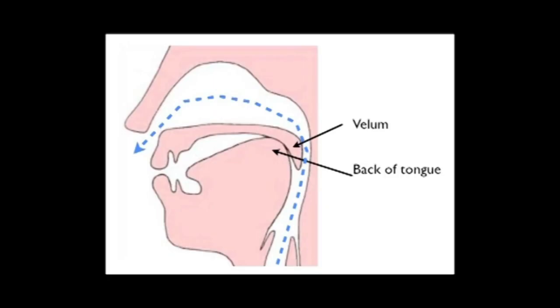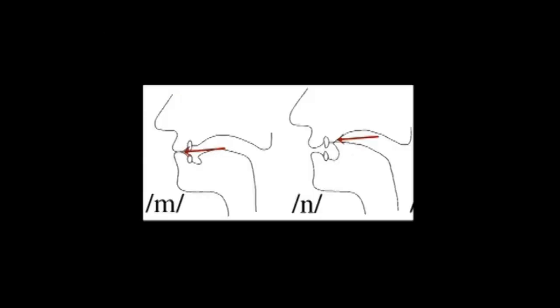Then the next status of the soft palate is when it is lowered. When the soft palate is lowered, there are two possibilities. First, it can produce nasal sounds, where the mouth cavity is completely blocked and the air passes through the nose only. We have sounds like m, n in English that are nasal.